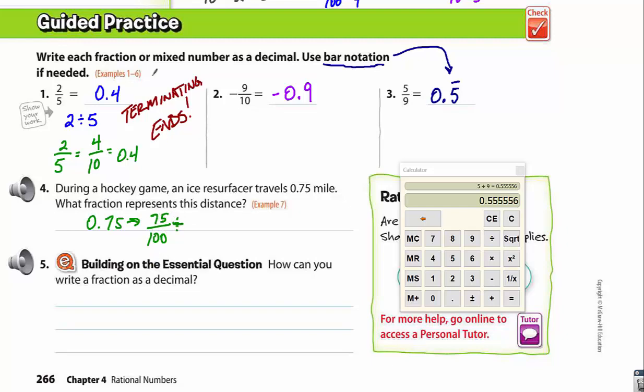I'll actually show you the division. 75 divided by 25 is 3. 100 divided by 25 is 4. It went 3/4 of a mile.